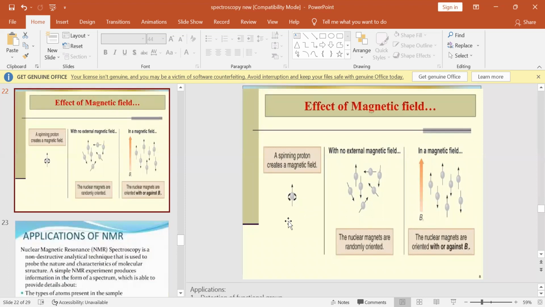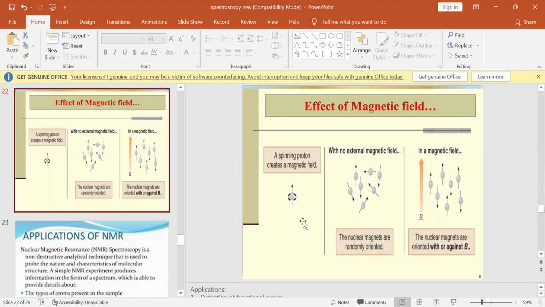That will be decided by the spin quantum number I. If the I value is equal to 0, then it is NMR inactive. If the I value is not equal to 0, then it is NMR active.